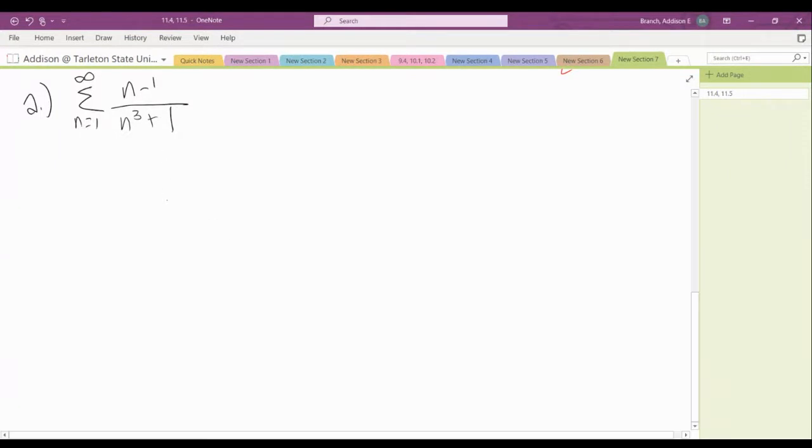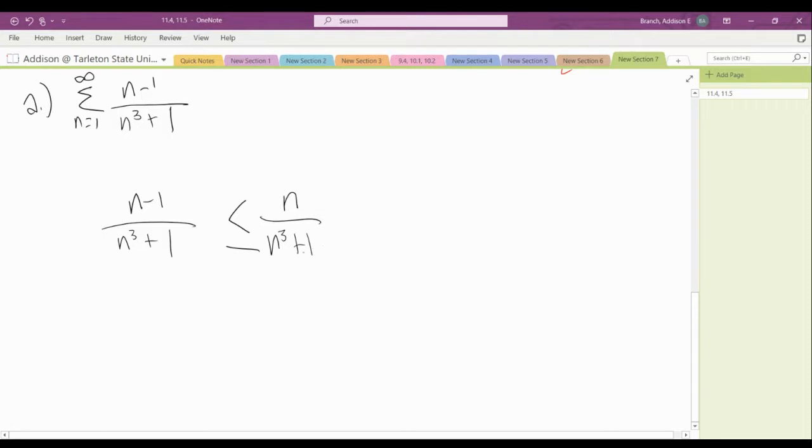So we have n minus 1 over n cubed plus 1. Well, let's say we wanted to get rid of that minus 1 in the numerator. Then n over n cubed plus 1 has to be bigger than n minus 1 over n cubed plus 1, because our numerator is bigger now, and our denominator is the same.